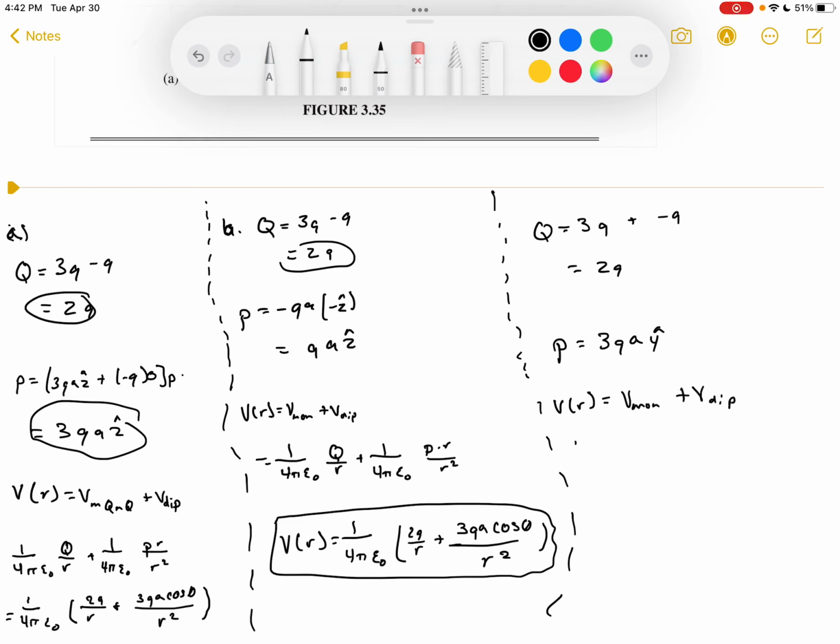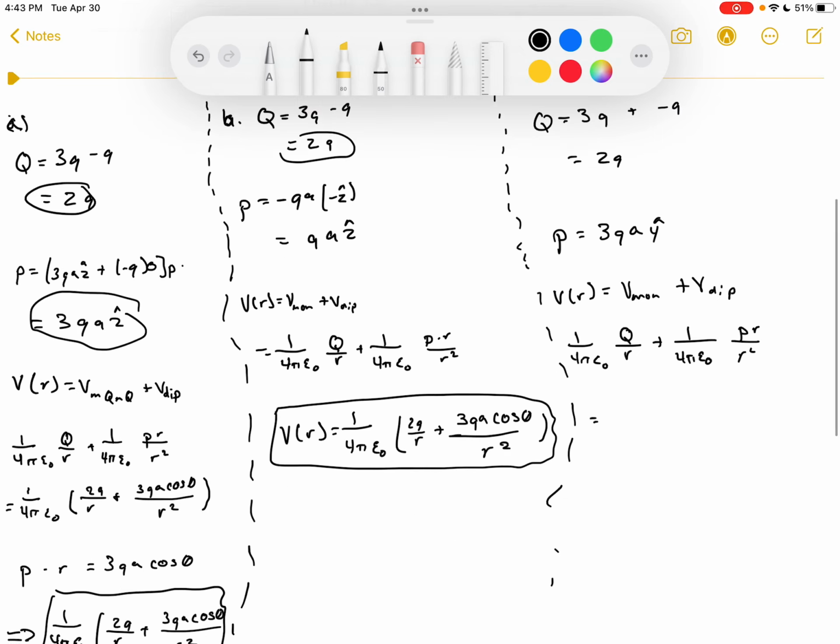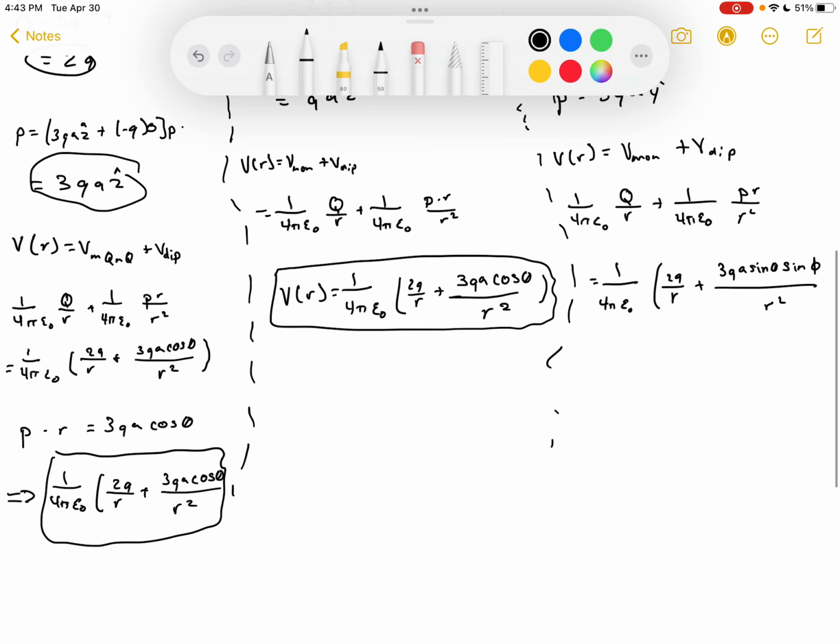So we get 1 over 4 pi epsilon naught q over r plus 1 over 4 pi epsilon naught p dot r hat over r squared, which is just equal to 1 over 4 pi epsilon naught 2q over r plus 3qa sine theta sine phi over r squared. Therefore, the total potential at a distance r, including the monopole moment, is this final answer here.